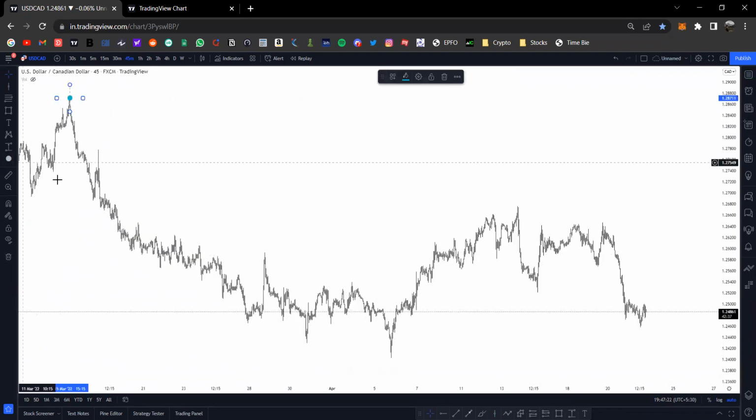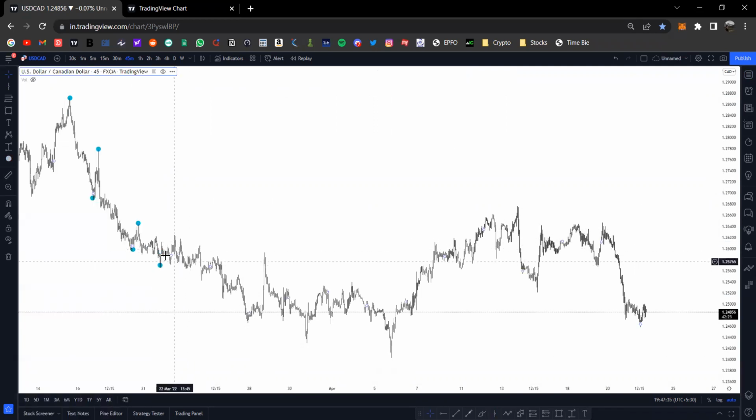then again the highs, then again a smaller structure: low, lower high, lower lows, same thing again, lower highs, lower lows, then again lower highs, lower lows, then again lower high, lower low.